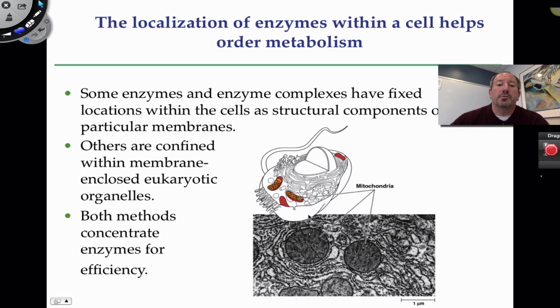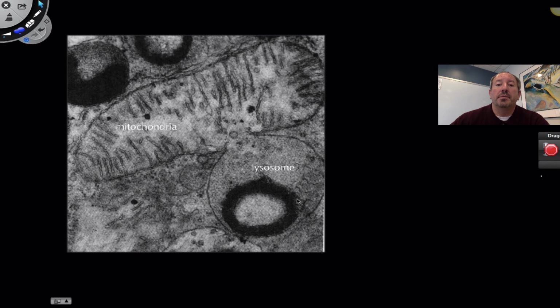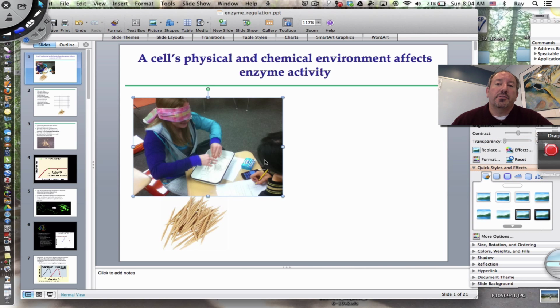There are certain enzymes that work best in the cytoplasm. And then finally, there's an organelle called the lysosome where there are hydrolytic enzymes, and those seem to work best in an acidic environment. And so the lysosome works really hard to pump in protons because those hydrolytic enzymes have an optimum pH in an acidic environment.